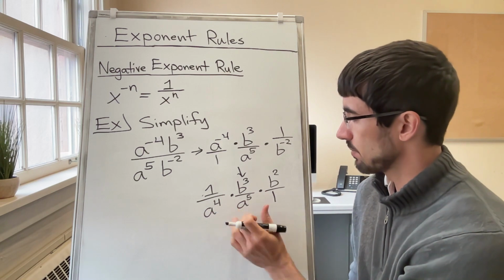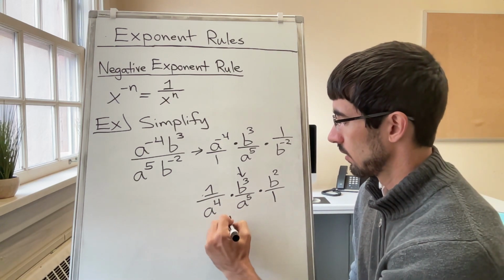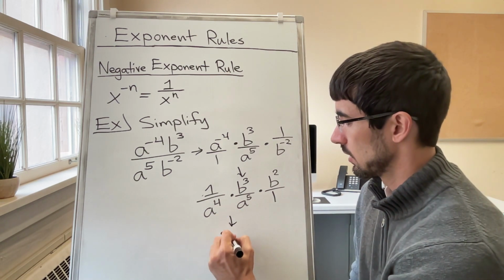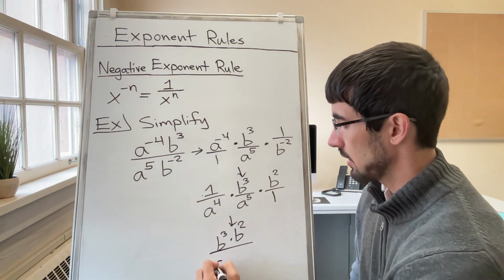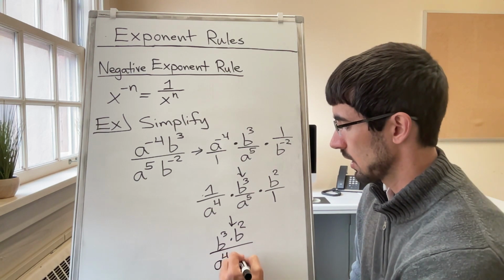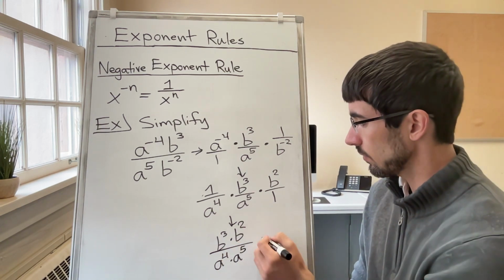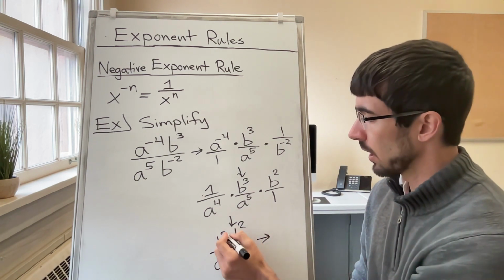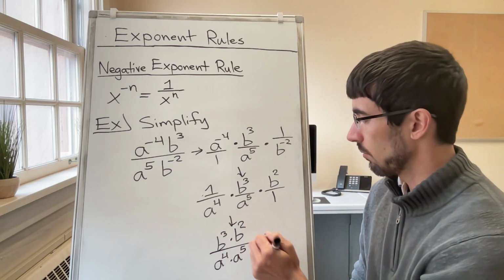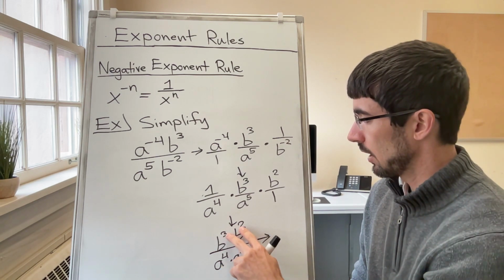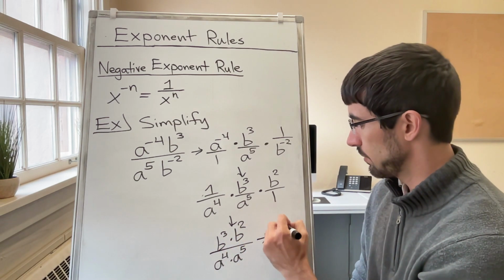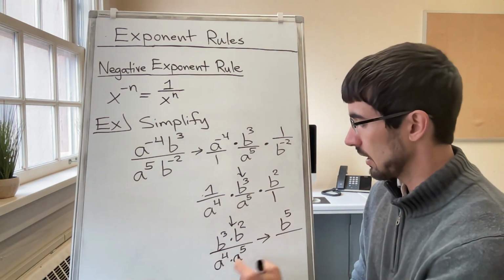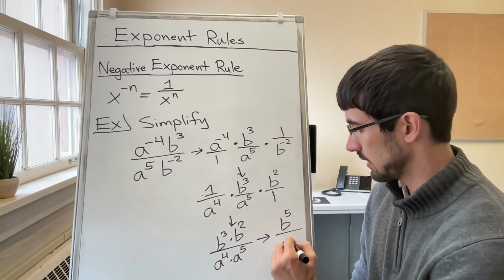When I put all of this back together, I have b^3 times b^2 over a^4 times a^5. And then I combine like terms through the product rule, using addition on exponents. b^3 times b^2 is b^5, and a^4 times a^5 is a^9.